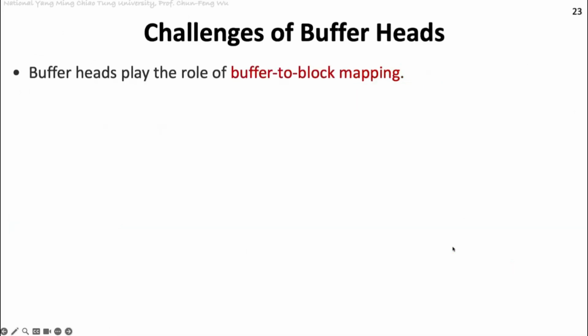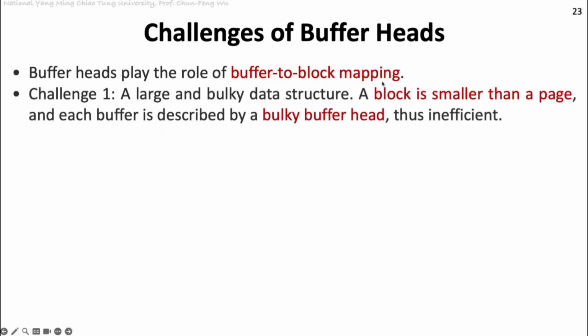But there are several challenges in using the buffer head, because buffer head is a quite old data structure in Linux. The key thing is that buffer head plays the role of buffer-to-block mapping. The first problem is that buffer head is a large and bulky data structure.